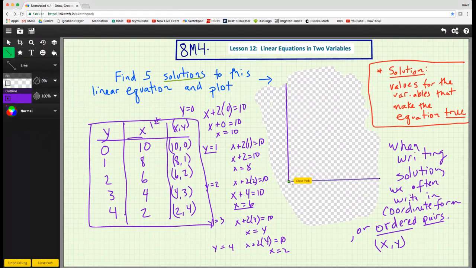There we go. Okay, so we're gonna make our graph here, and we're gonna make it 0, 1, 2. I'm gonna try and line things up nicely on this weird kind of graph paper here.